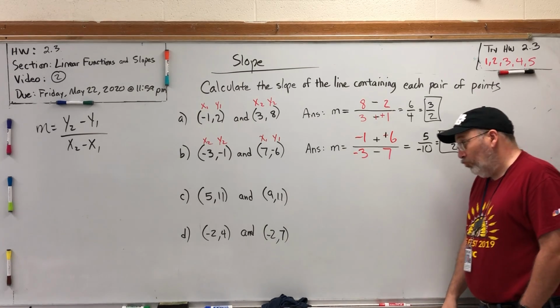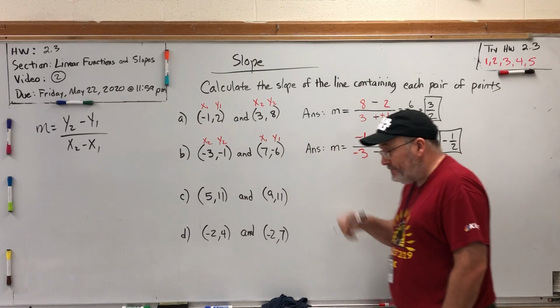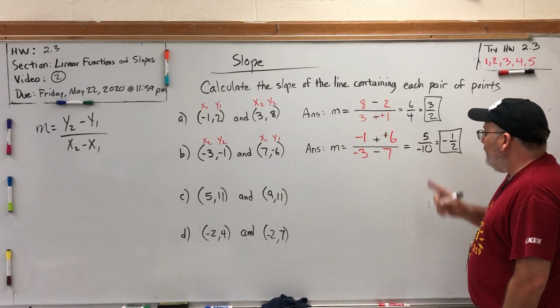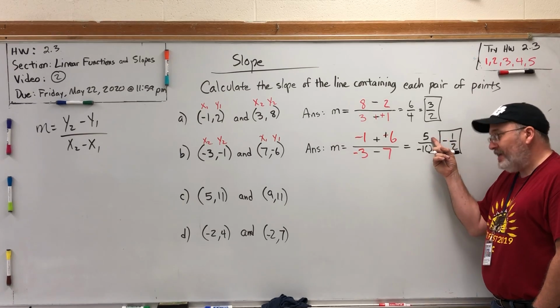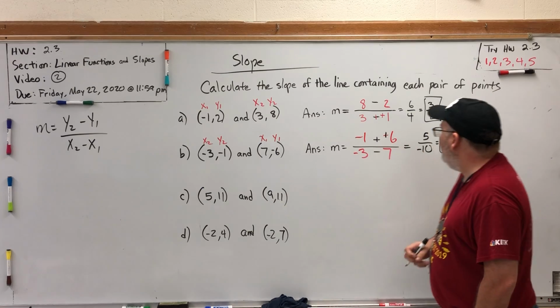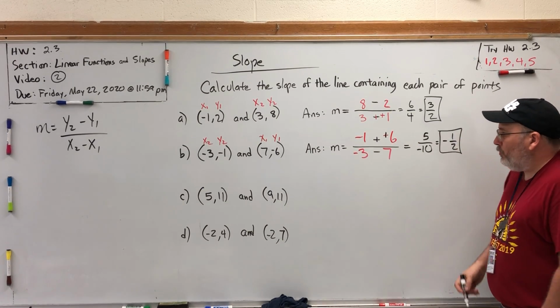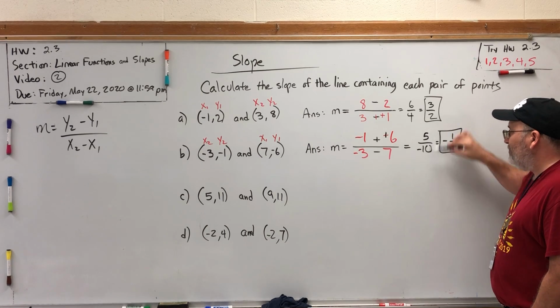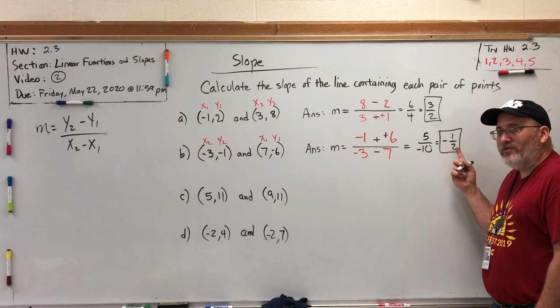Had we run with this being the first point and this being the second point, then the top would have been -6 minus -1 and given us -5, but the bottom would have been 7 minus -3 and given us +10. In other words, by switching the order of the points, we would get the opposite results on both sides of the fraction, but we would have gotten the same net result.